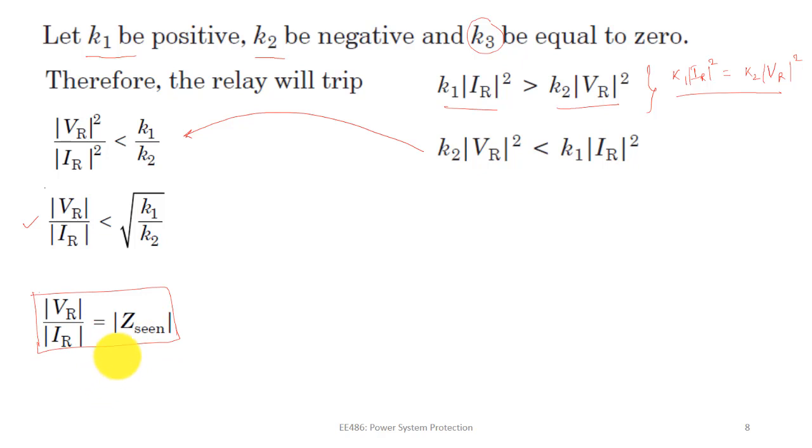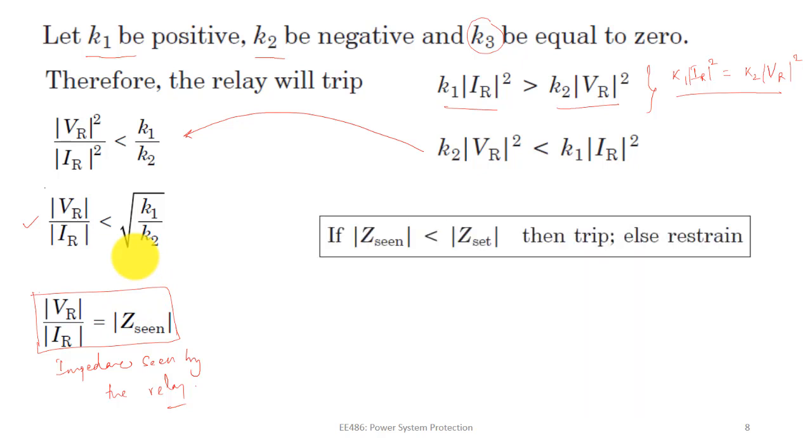So now Z seen should be less than K1 by K2. That means if Z seen is less than Z set, then it trips, otherwise it will restrain. That means the square root of K1 by K2 is your Z set.